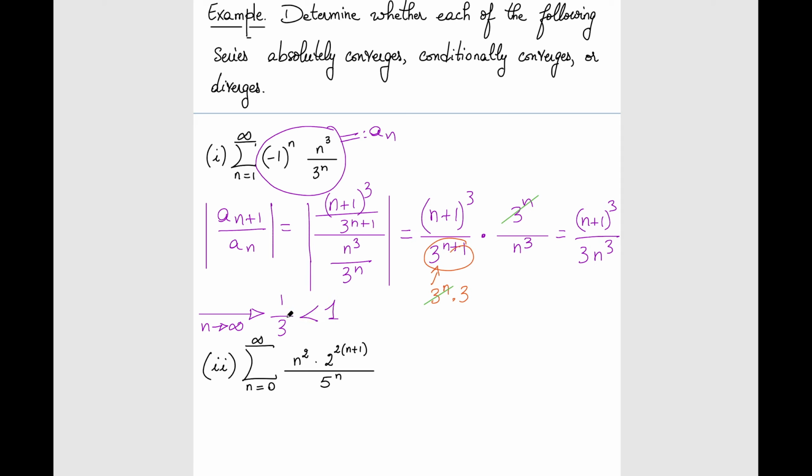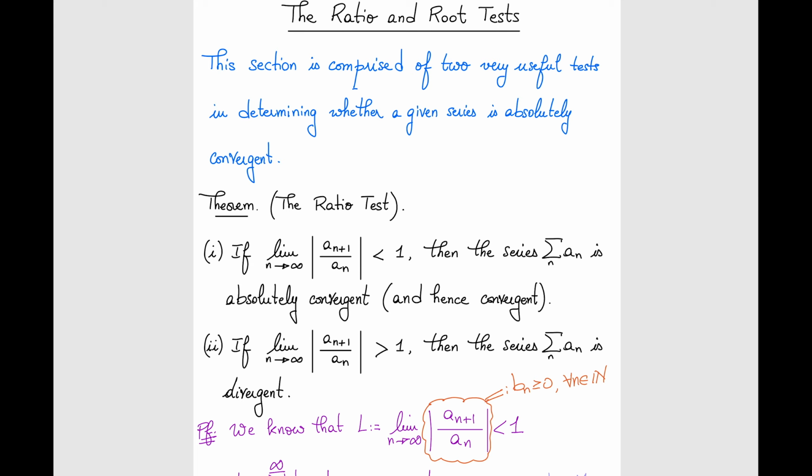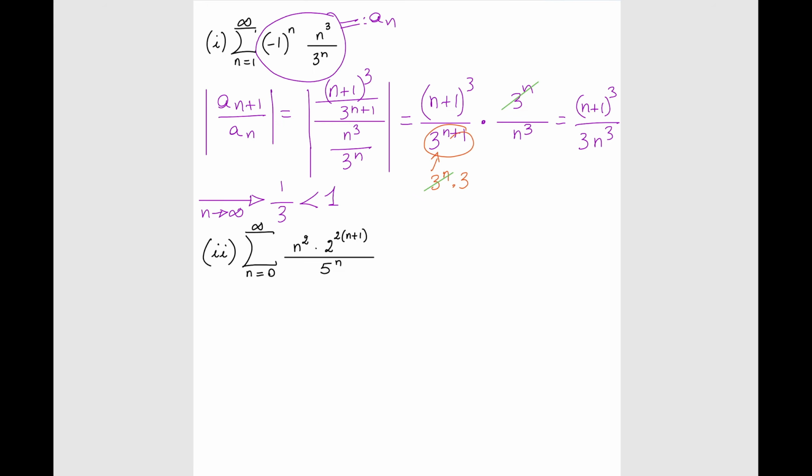The ratio test tells you, let me take you back to the first page of this, that if the limit of this ratio is smaller than 1, then the series is absolutely convergent. So back to our discussion, the series is absolutely convergent.